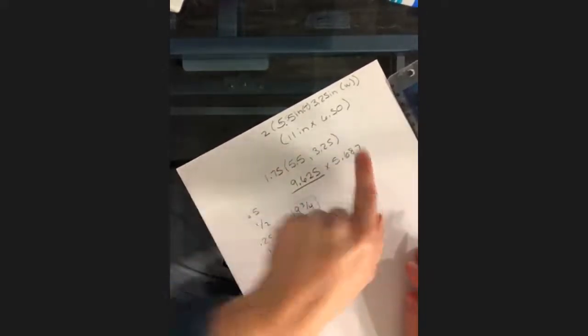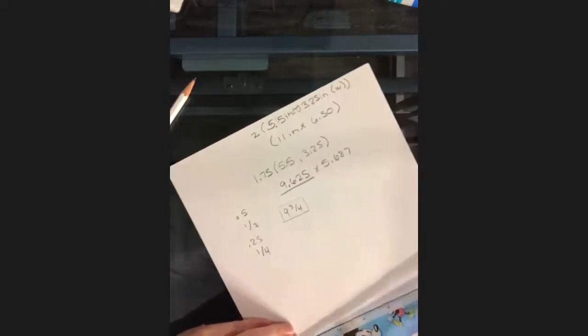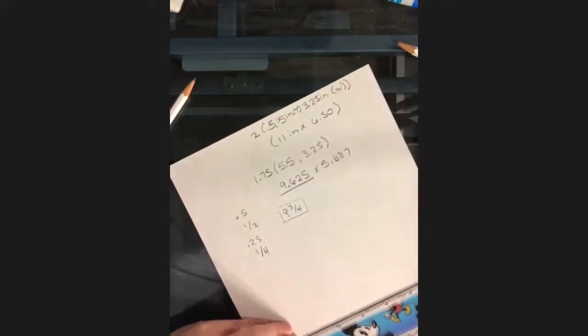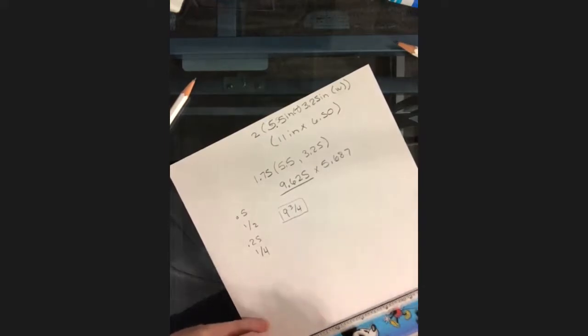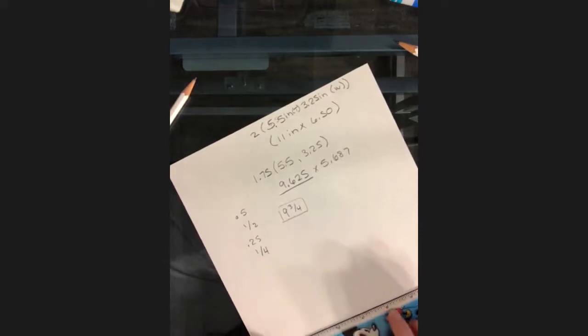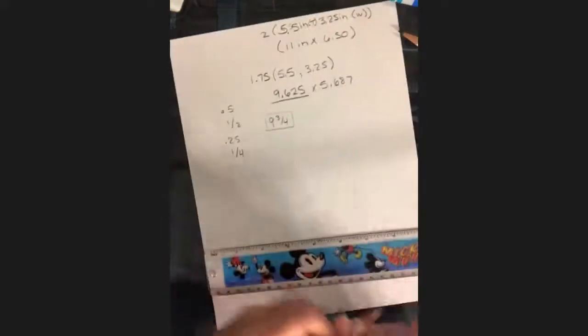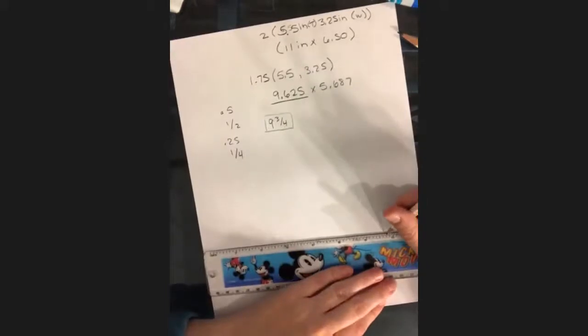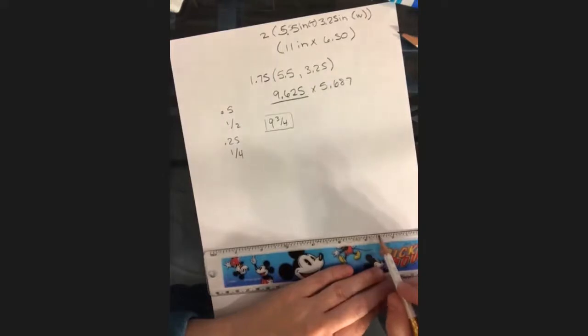And as far as 0.687, let's look at our calculator here. So remember, we're not adding, I'm sorry, we're multiplying right now. So if we've got 5, we know it's more than 3/4.